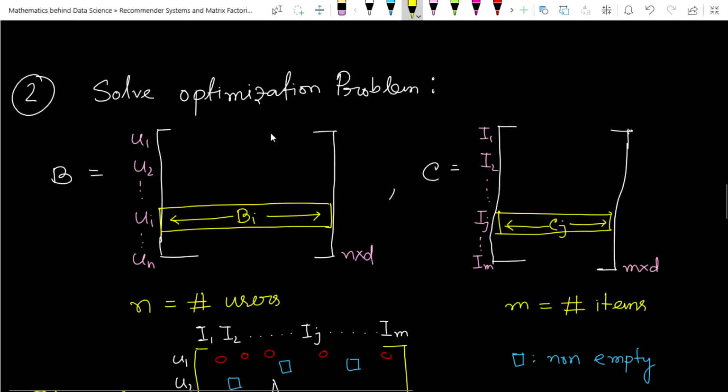After solving this optimization problem, using the B and C that we have got, B is responsible for the feature vector of each user, and the C matrix is responsible for the feature vector of each item. Most of the elements of these matrices B and C are non-zero.